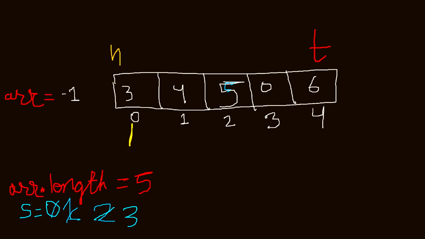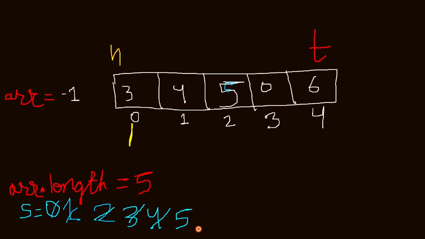And the size of the length has increased, previously 4, now 5. Now again we will try to insert over here. First it will check. The size of the length is already 5. That means the maximum capacity of the array has been reached, so there is no space left to insert a new element, isn't it?